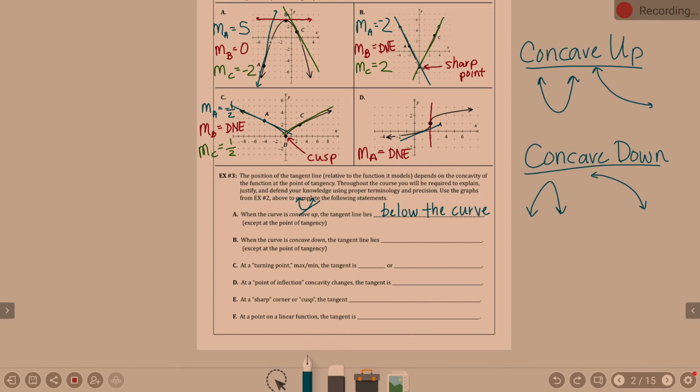Obviously at the point of tangency, they're the same. But the connection I'm trying to get you to make is the tangent line then has a little bit smaller value than the curve because it lies below the curve. Now, when the curve is concave down, where's the tangent line? Your tangent line is going to be above the curve.